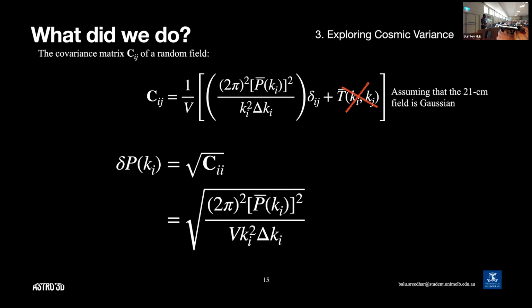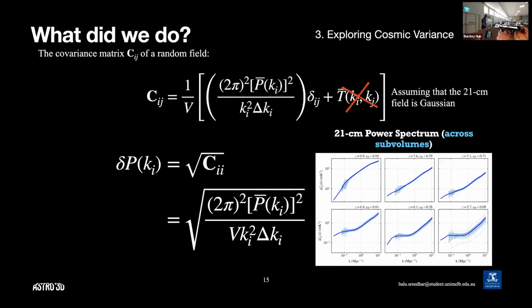These diagonal elements will be the variance of the power for each of these K modes. So this is the expected cosmic variance error for a purely Gaussian field. Since I have a large volume and a large number of subvolumes, I can actually measure this variance.